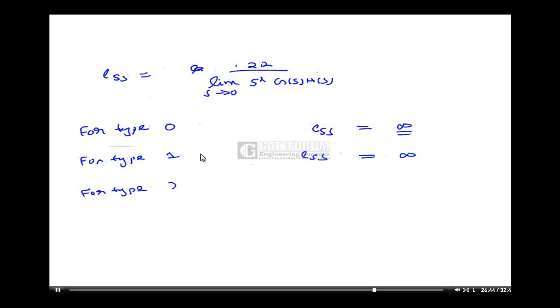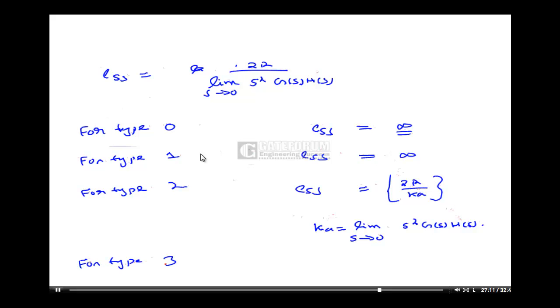For type 2, ESS is going to be finite and equal to 2R by K, where K is the acceleration error constant, K equal to limit s tending to 0 of s square G(s)H(s). For higher types, type 3 and above, ESS is going to be 0. Now, this is the case with parabolic input.